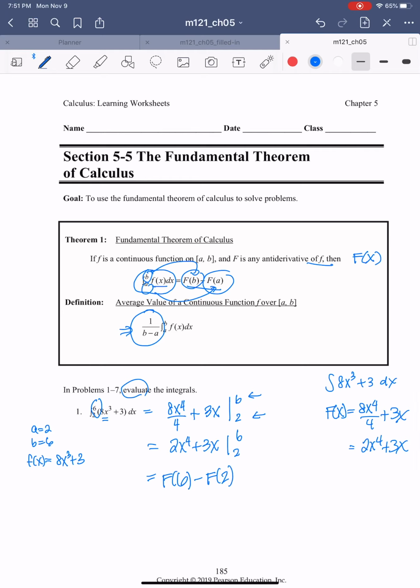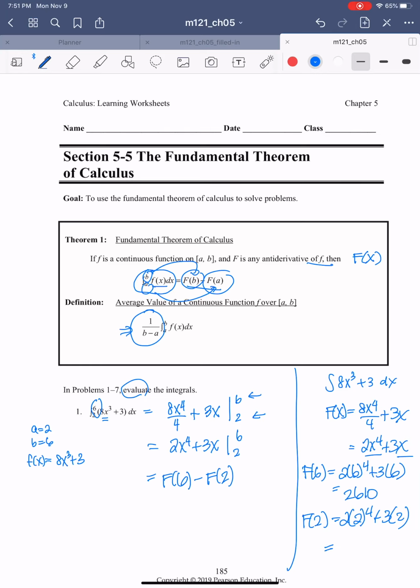That means F of 6 is 2 times 6 to the 4th plus 3 times 6, which equals 2610. And then F of 2, you can do separately. Plug in 2 here. So 2 times 2 to the 4th plus 3 times 2, which equals 38.